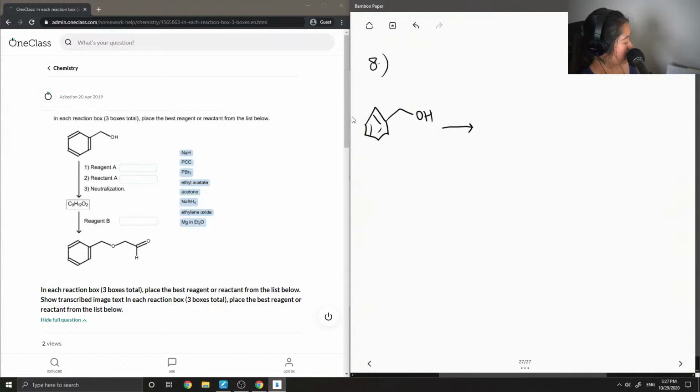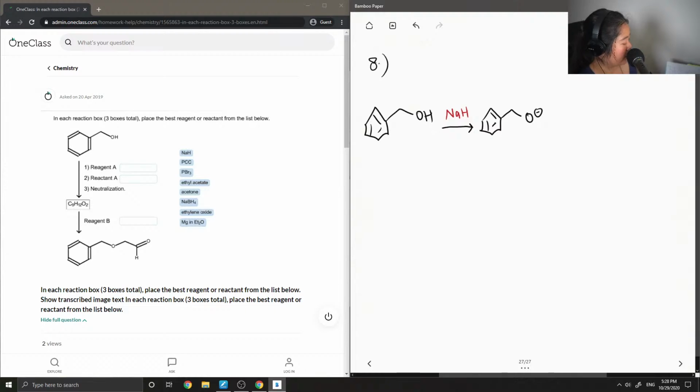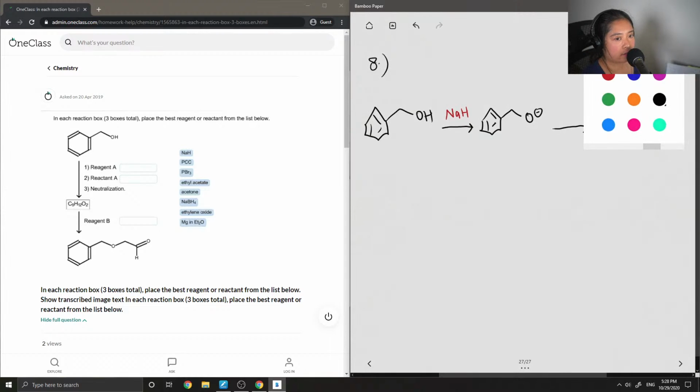I need to deprotonate my alcohol. So the best reagent for that is this sodium hydride. Basically, it's a really strong base that is able to deprotonate that alcohol to get O-. So next, I'm going to react it with the ethylene oxide.